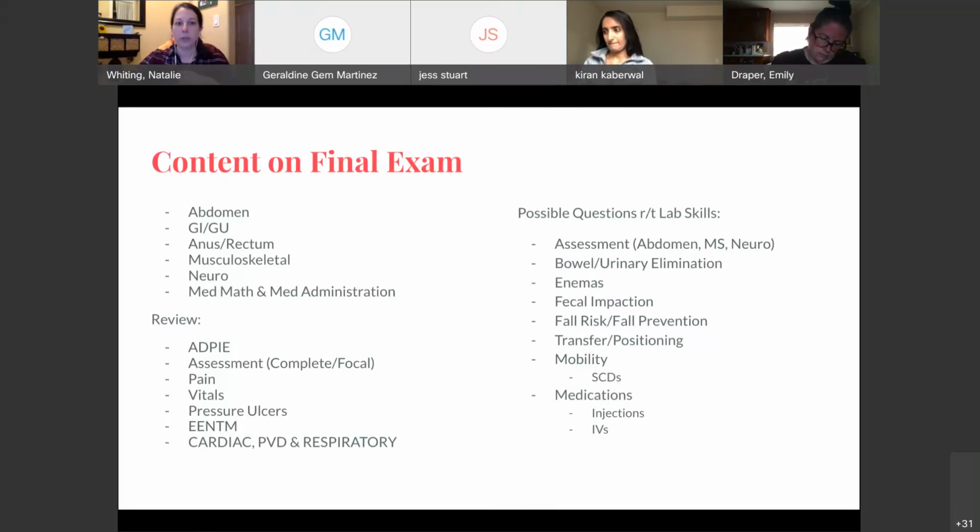Musculoskeletal, neuro, med math, and medication administration. Some possible questions related to lab material, which I'm pretty sure that she will have some stuff on, so review your lab stuff. This might include assessment on abdomen, musculoskeletal, neuro.